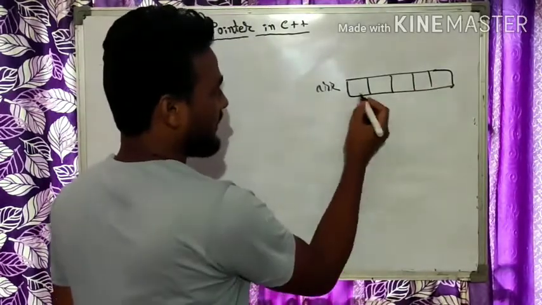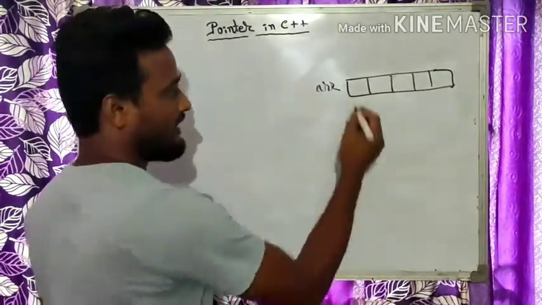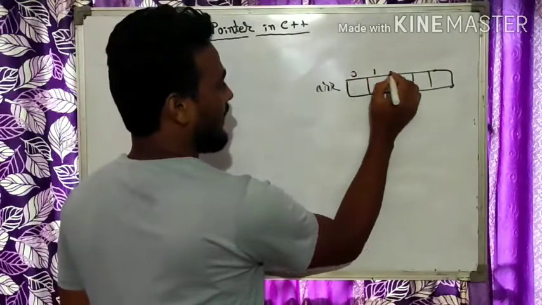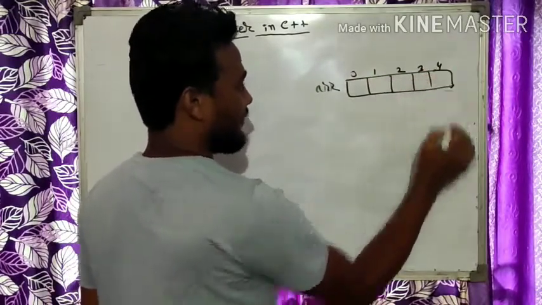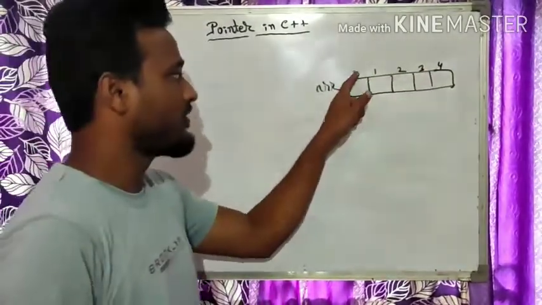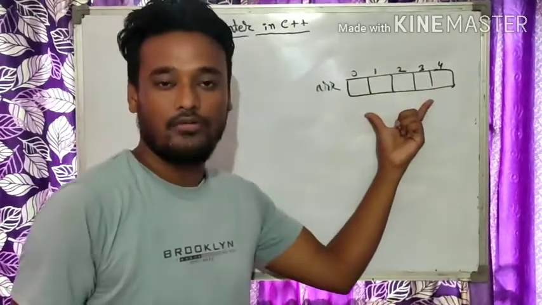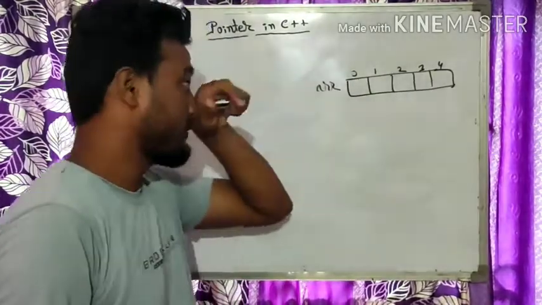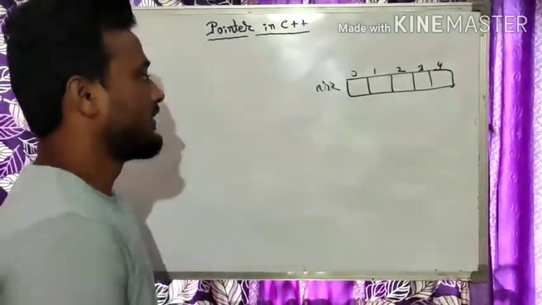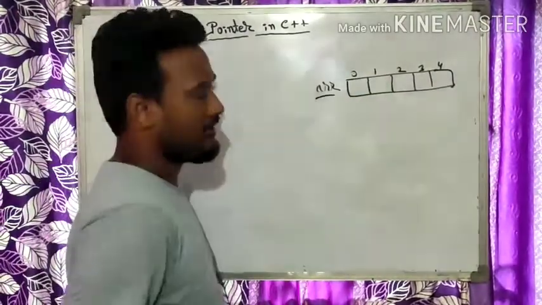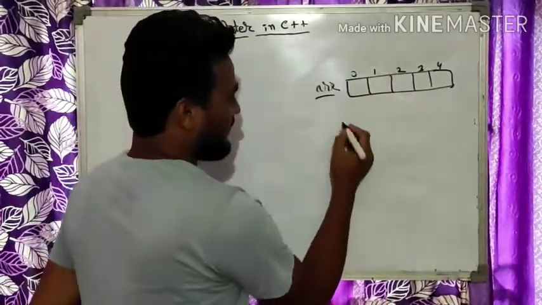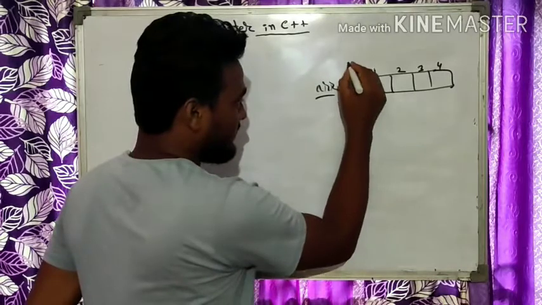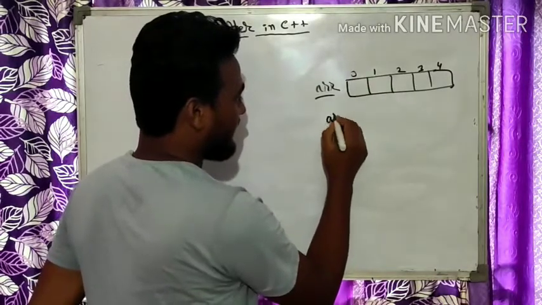As you all know, the array index starts from 0, 1, 2, 3, 4. There are 5 variables, so 5 elements are there. For the 5 variables, the name is common, ARR, array. To represent a particular element, we have to write like this.